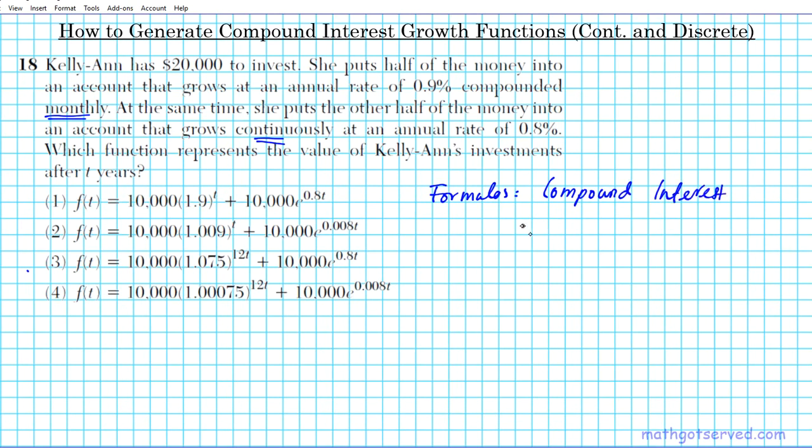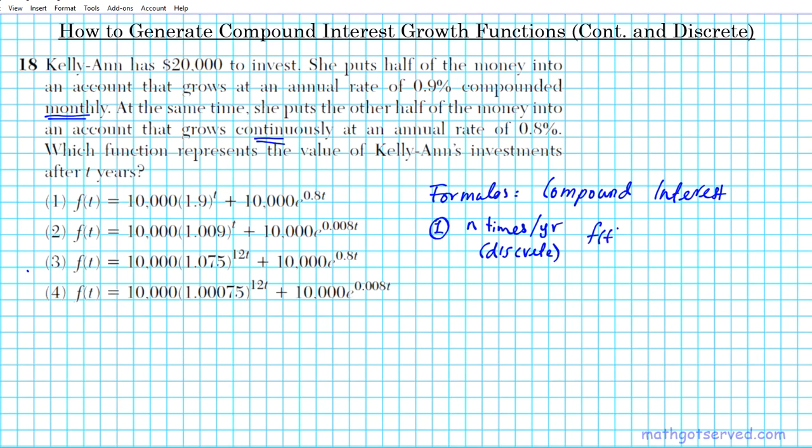The first one is discrete, which is, well, we have n times per year, n times per period. This is known as the discrete model. For this one, the amount is going to be, well, let's use the f of t notation to be consistent with what we have here.